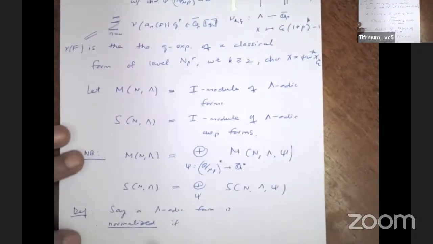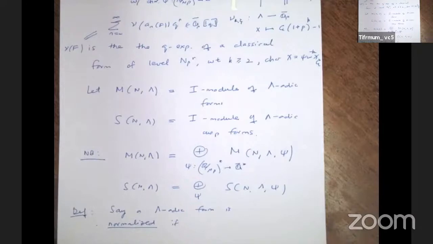So it's normalized if the first Fourier coefficient, as in a_1, the q coefficient, is 1. This is a bit different from Professor Ramke's talks, where he's defining the normalization for the a_0 coefficient being 1. This is the first Fourier coefficient, a_1, being 1. And if all the specializations have a_1 equals 1, then it's fairly clear that the lambda-adic form also has to have the power series a_1, which is an abstract power series, be 1.